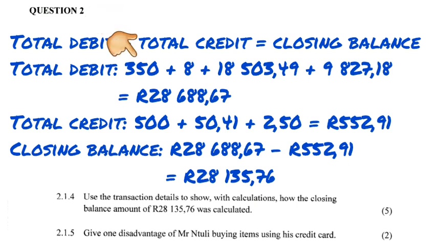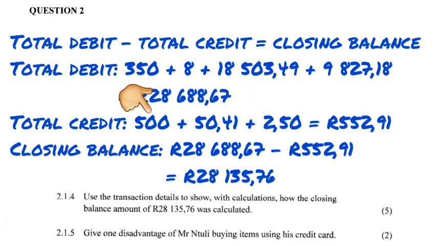So my total debits, I start with the 350 I withdrew, and the 8 rands I was charged, and then 18,503.49 plus the 9,827 and 18 cents. It gives me 28,688.67.